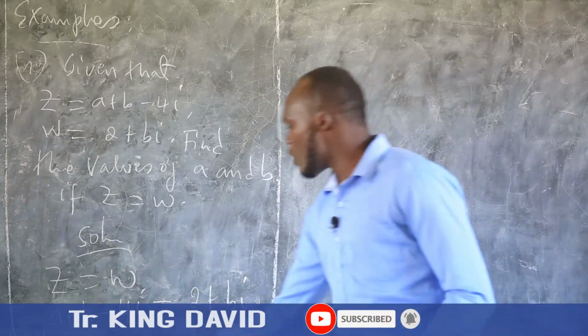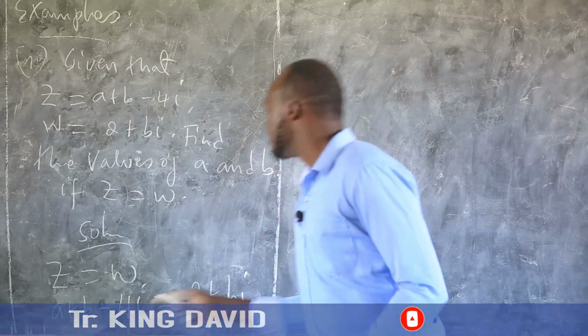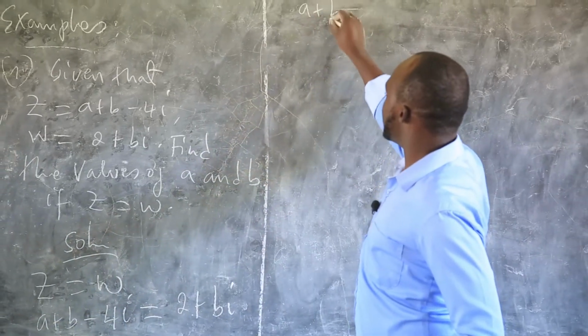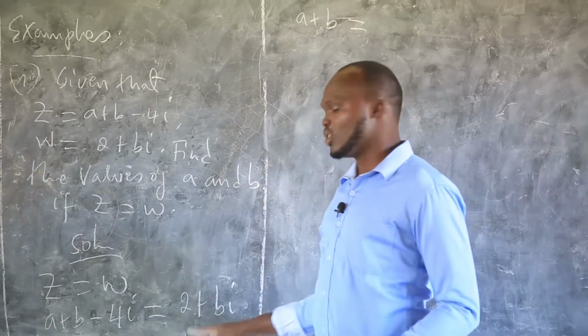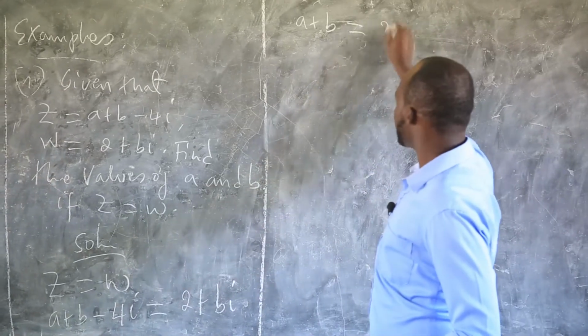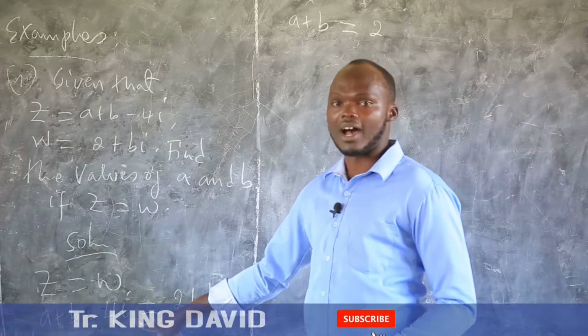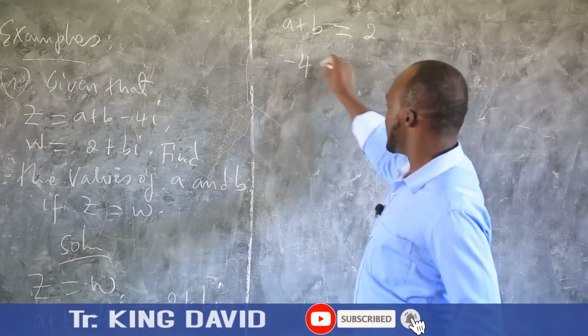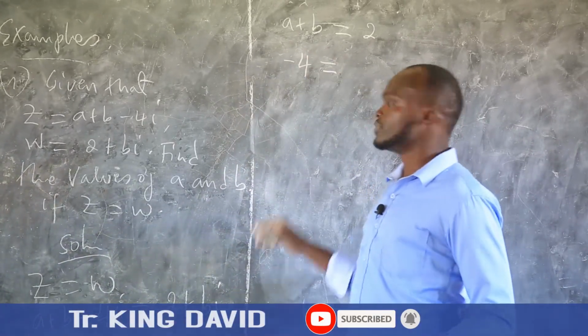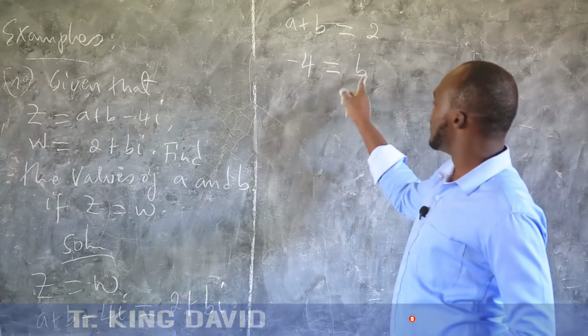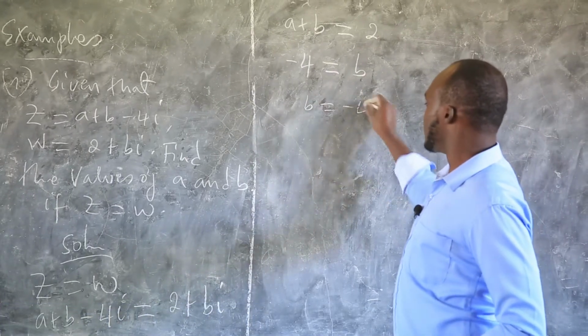So our real part is here, A plus B. Then A plus B will be equal to 2, because here the real part is 2. Our imaginary part is negative 4 here, because it is the coefficient of I. Negative 4 is equal to B.